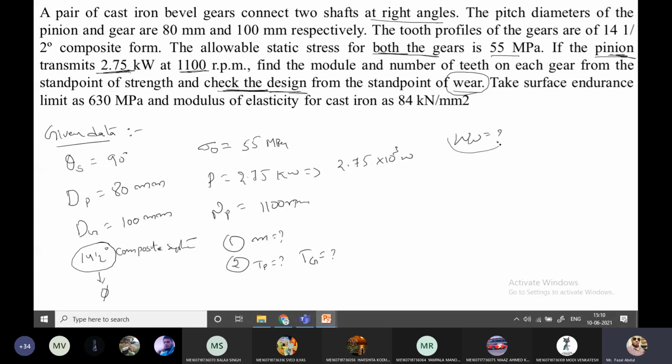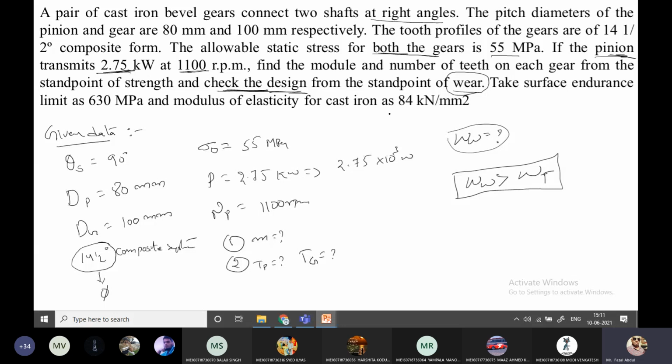After getting this value, we compare WW with the tangential load WT. If WW is greater than WT, then our design is safe. You have to write that comment, and write the table equation that I am writing.